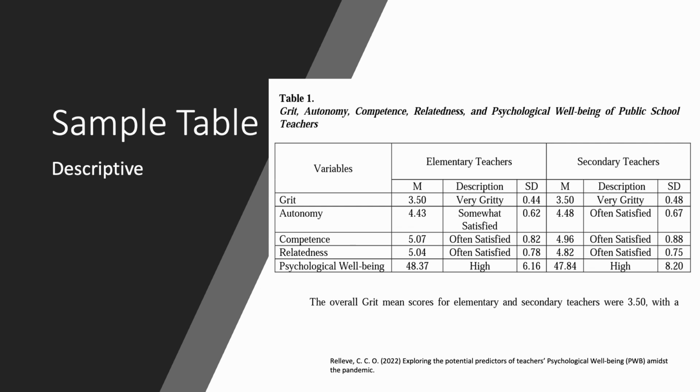The data here are presented by variables: we have grit, autonomy, competence, relatedness, psychological well-being. For this table, each variable presented the mean and the standard deviation.